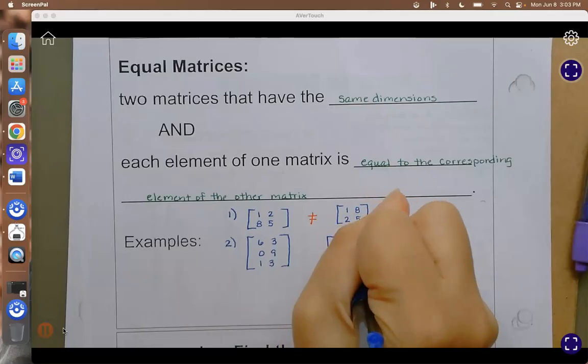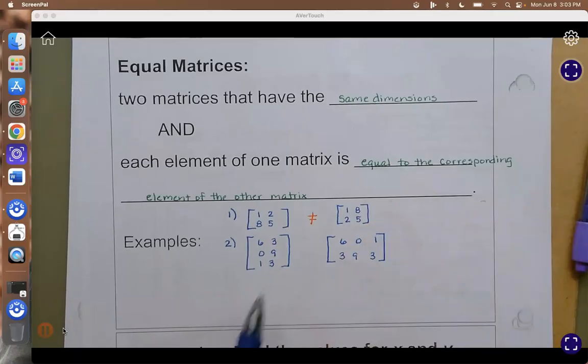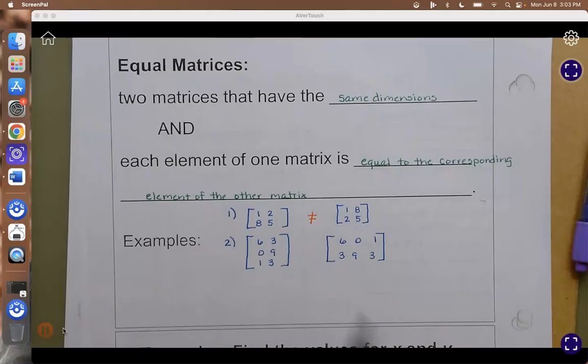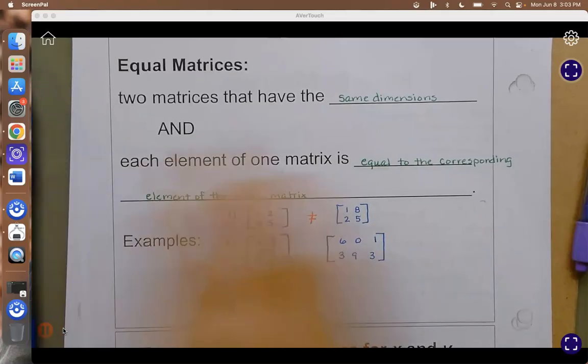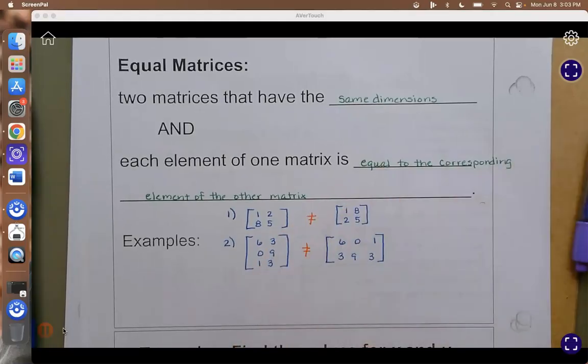And the second row is 3, 9, 3. Okay, so these are not the same size because this has 3 rows, 2 columns, and this has 2 rows, 3 columns. Okay, they have to be identical. And the first row had 6, 3. The first row here had 6, 0, 1. So these are not equal matrices.